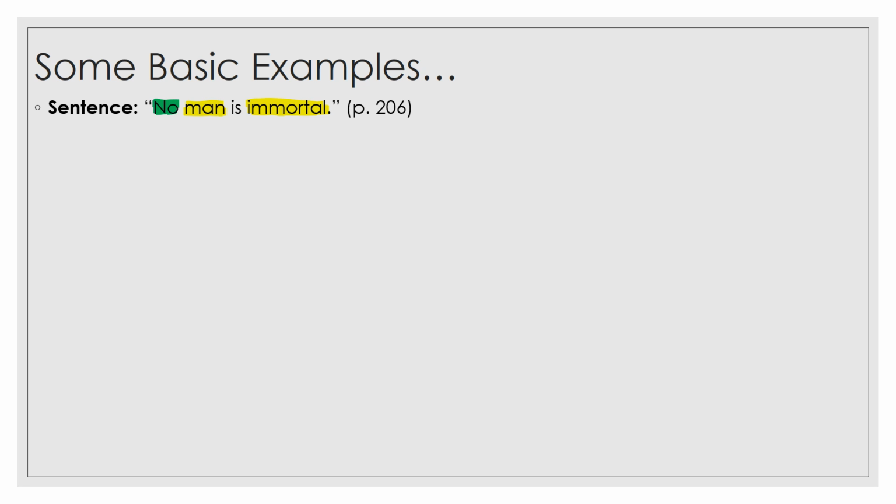So if we translate that, we can say the following. For all x, if x is an M, then x is not an I. So if we have a man, then we know he is not immortal. Note where the denial is located. So if x is an M, then x is not an I.